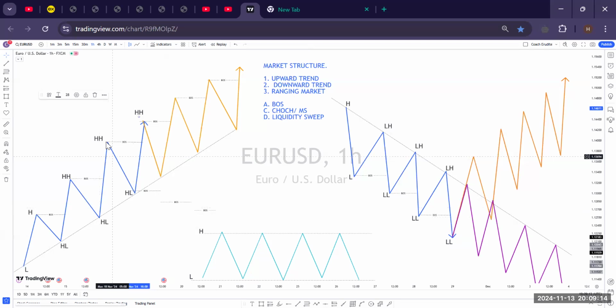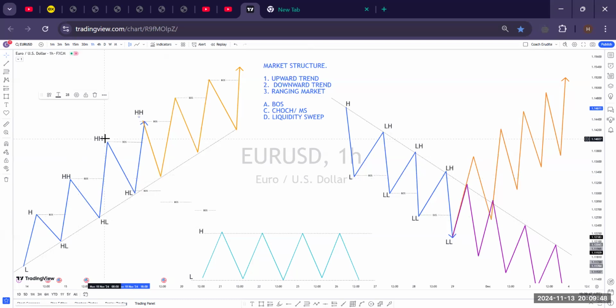As price is creating a high, pulling back, and creating an impulsive phase, price will create a break of structure. That's why I wrote break of structure here. So once price is creating an impulsive phase, as it's pulling back, for price to break this high, that scenario is called break of structure.